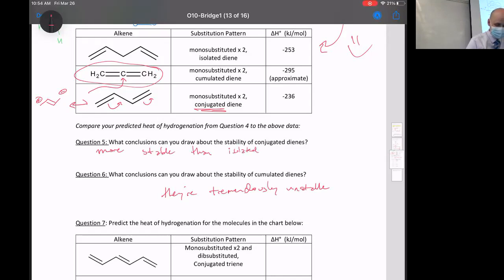You said it, Gabe. Yeah, so that's an approximated number, but I would say by about 15 to 20, but let's just use that number plus 17. So at this point, we're just gonna say plus 17 kilojoules per mole, more stable due to that conjugation, that single bond, single bond thing.